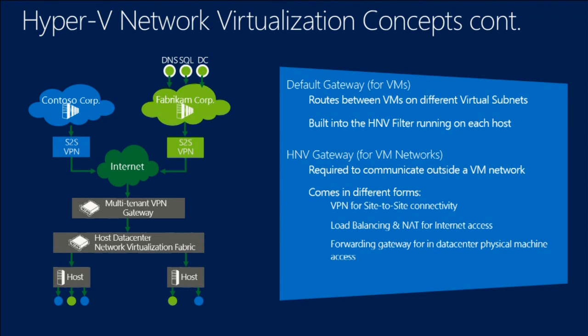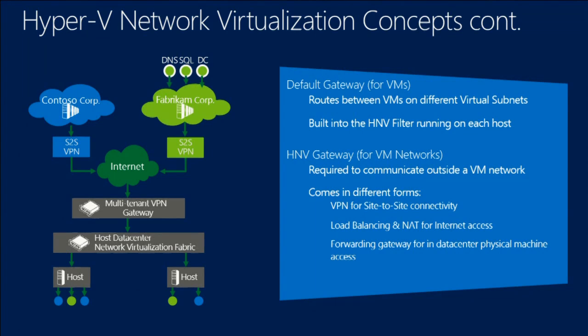How do you reach from the HNV network to your remote network? Well, you need a VPN. So you need to enable a site-to-site VPN function on this gateway so you can bridge this HNV network and the remote network.